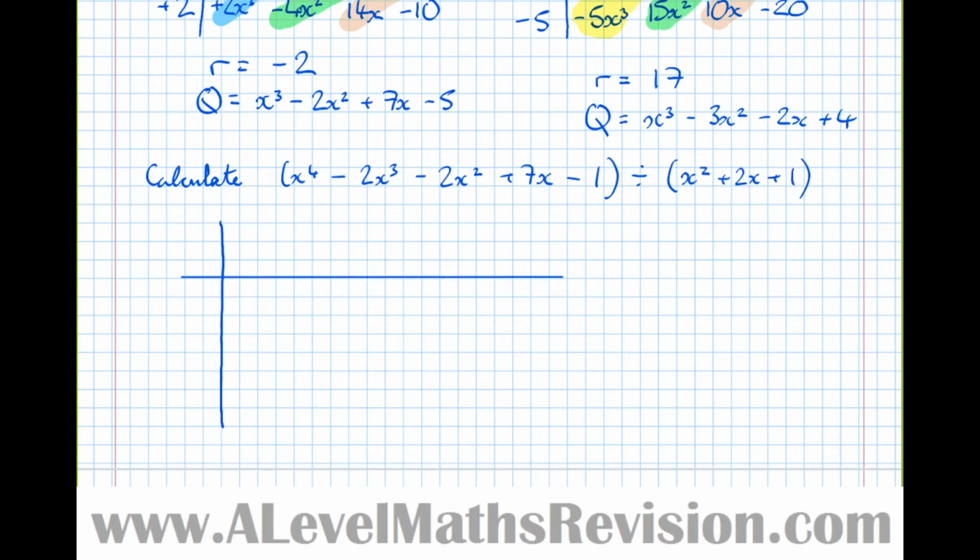So the grid's just going to have more terms on it now, because what we're dividing by is x squared plus 2x plus 1.